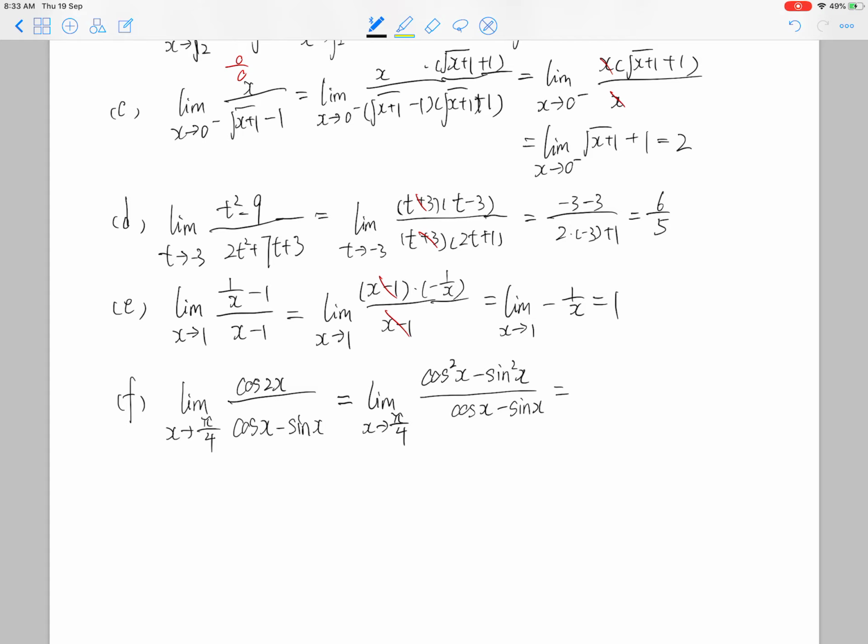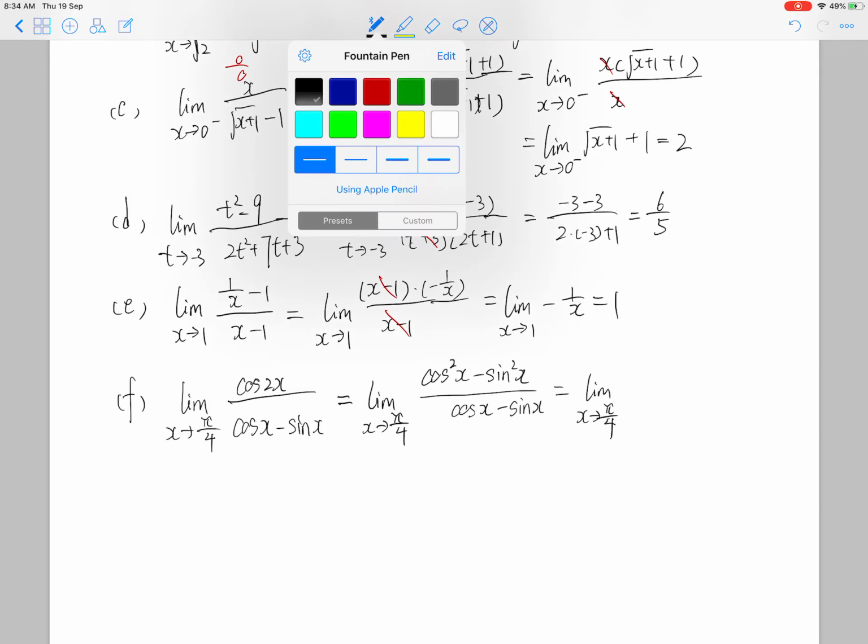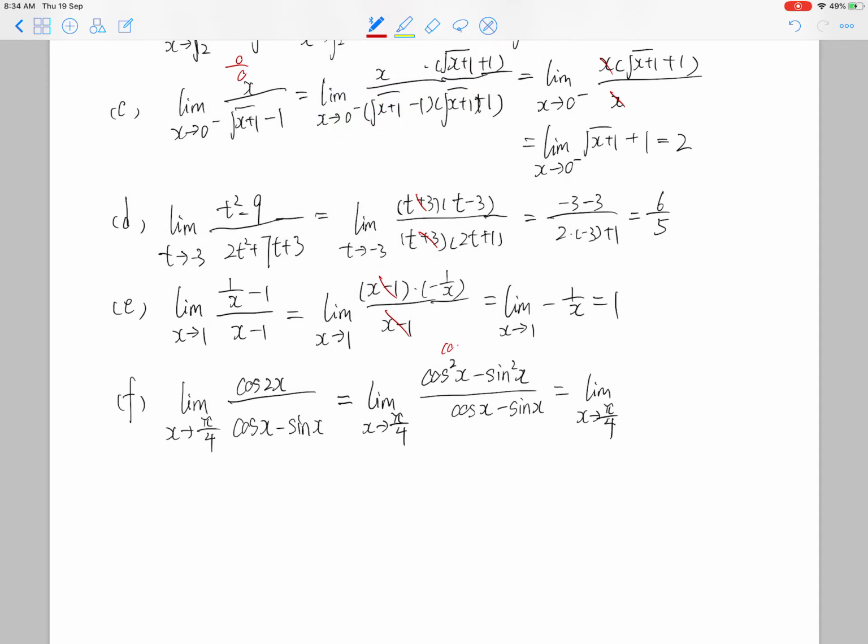Okay, then the numerator is cosine x squared minus sine x squared. So this part is actually cosine x plus sine x times cosine x minus sine x. So these two parts cancel out, right? So the result is cosine x plus sine x. Okay, so the result is square root of 2.